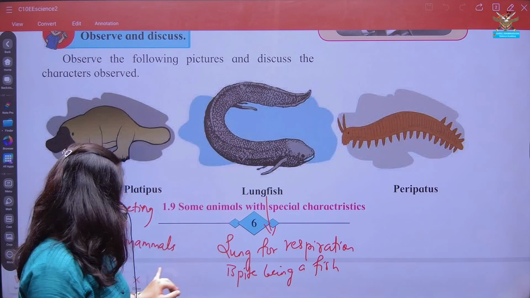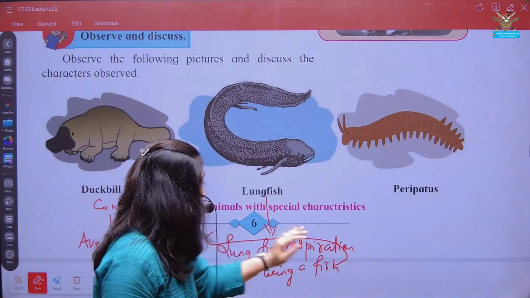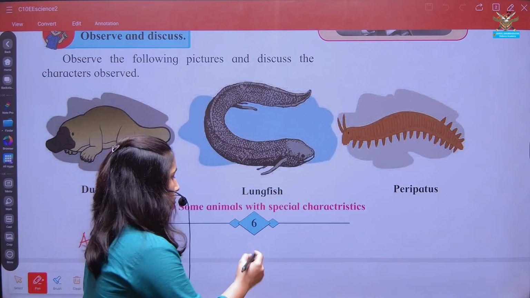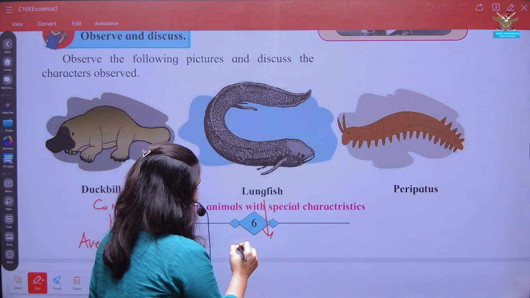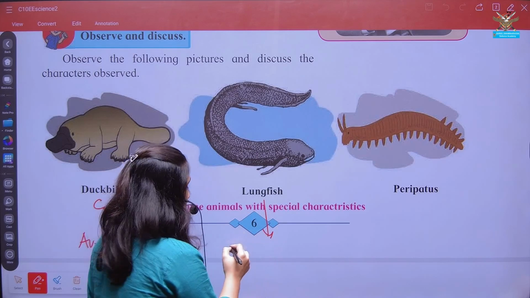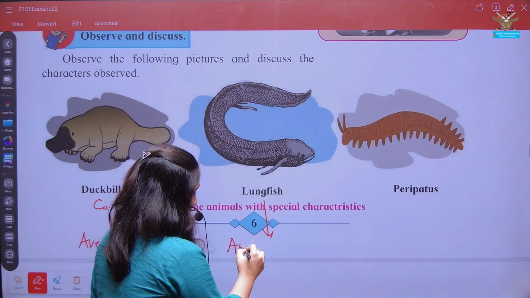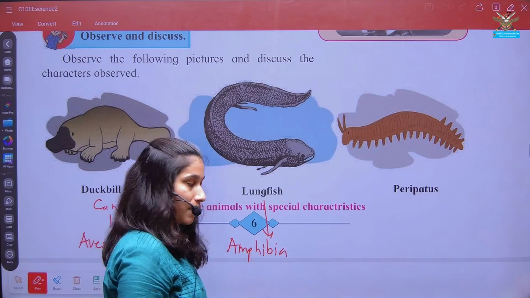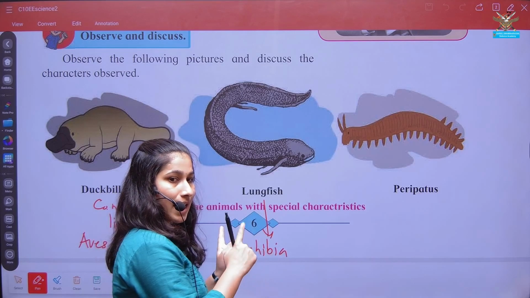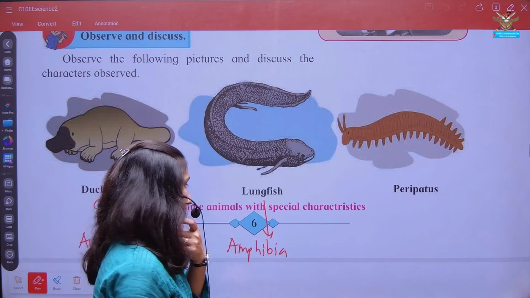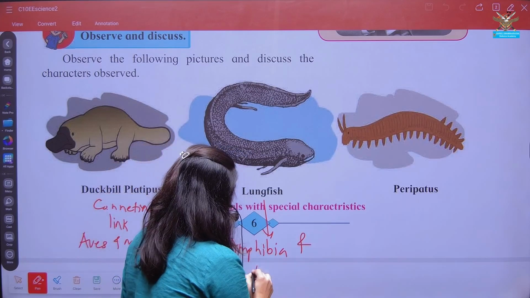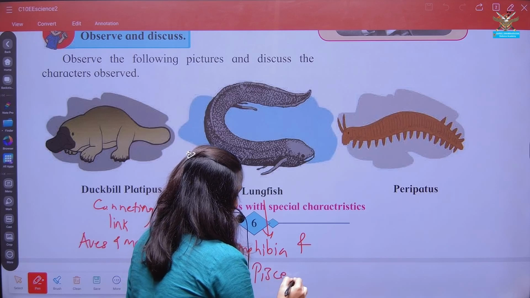So what does this indicate? That this organism is showing characters of both amphibia, right? Amphibia are the organisms which dwell in aquatic as well as terrestrial habitat. So this organism is showing characters of amphibia and Pisces.